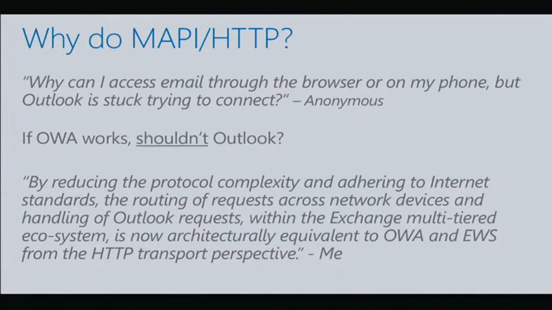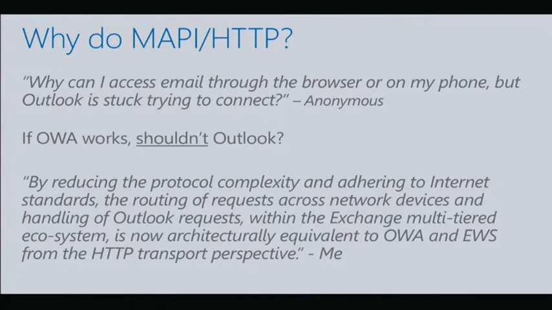There are a lot of complexities there because we've built the protocol on top of RPC over HTTP, which is an actual Windows OS component. It wasn't designed and built by Exchange, but by the Windows team, and they control the actual protocol and how it works, and there are some complexities there.